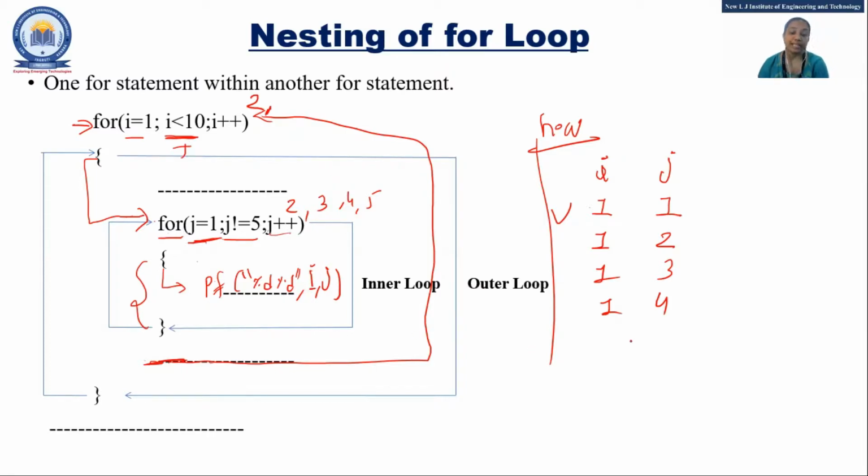Now what should I write here? Can anyone tell me? This was the first iteration of i, and now the second iteration of i has started. What should be the output? The value of i and j: yes, correct, i equal to 2 and j equal to 1. So we can write 2 1, same as the previous one.